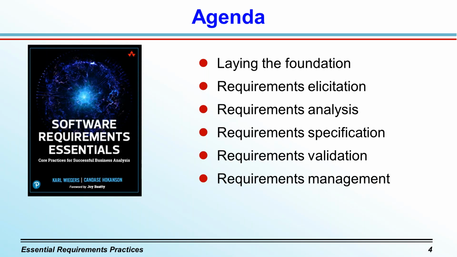Important note, when I say the word requirements here, I'm referring to whatever kind of objects your project uses to represent information about stakeholder needs and to describe a solution's capabilities and characteristics. These kinds of knowledge cover a pretty wide range. They encompass business requirements, user requirements, functional and non-functional requirements.